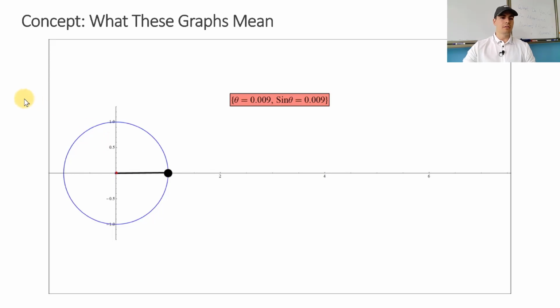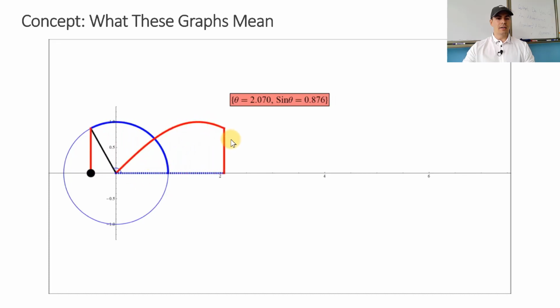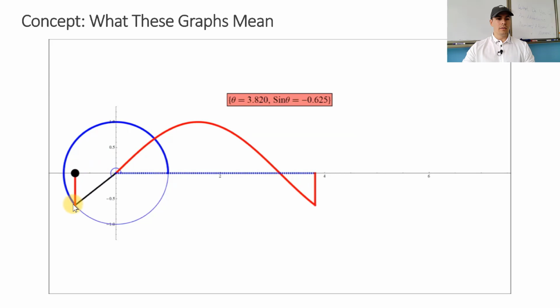So let me go ahead and play this video for you. The red line that we have here is our sine graph. How we're getting these sine values, these y values on this red graph, is just this distance here, the sine coordinate on our unit circle.